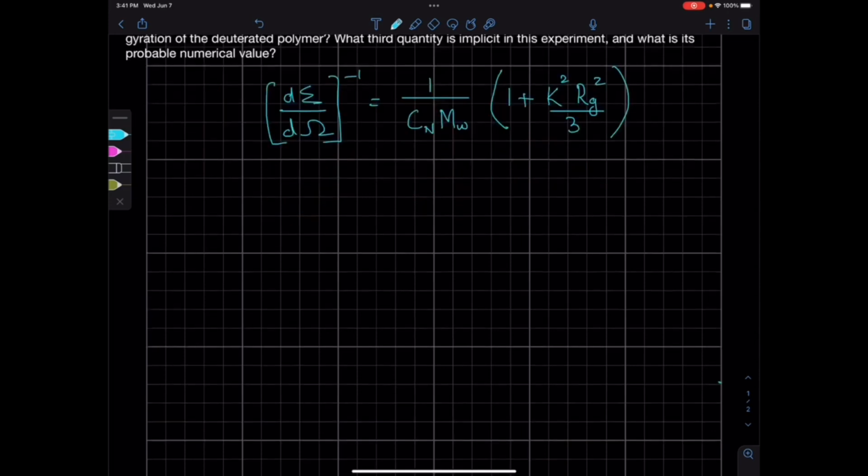So this is of the form y equals mx plus b, equation of straight line.